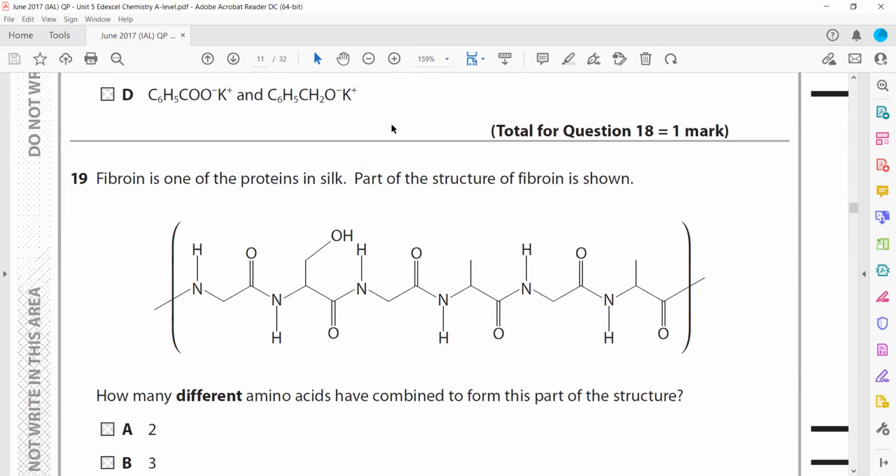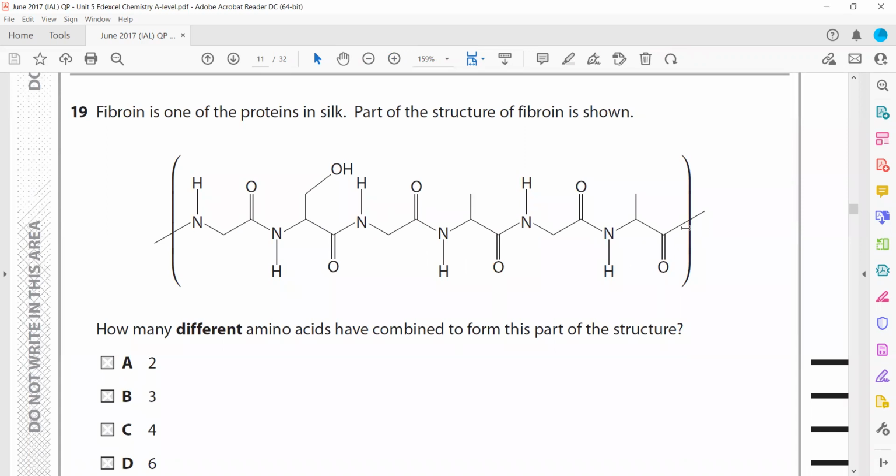Next, question 90. Fibroin is one of the proteins in silk. Part of the structure of fibroin is shown. How many different amino acids combine to form this? So we have to identify the number of amino acids.